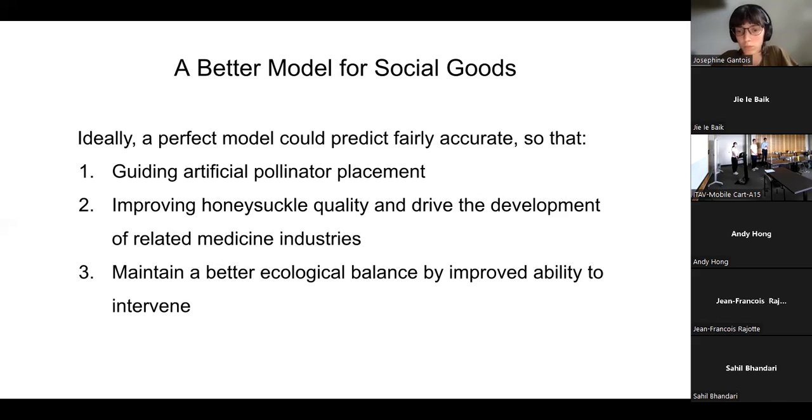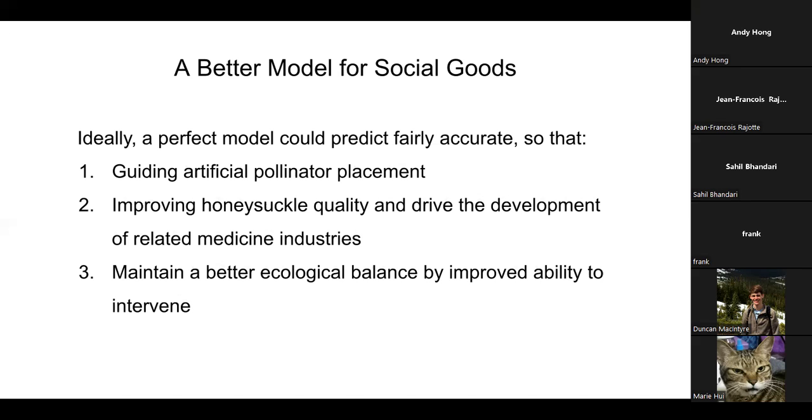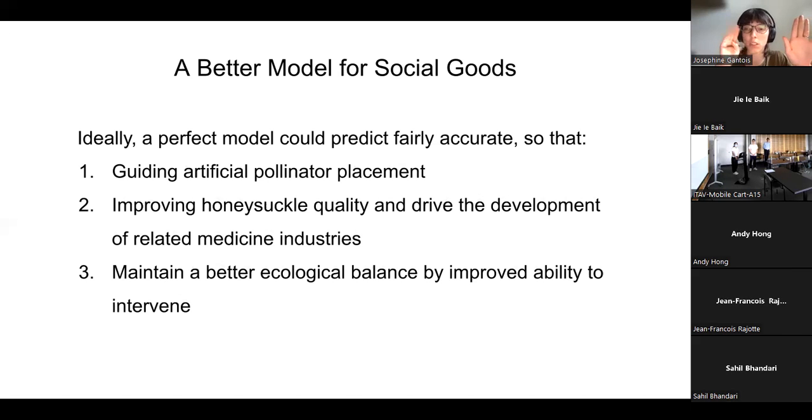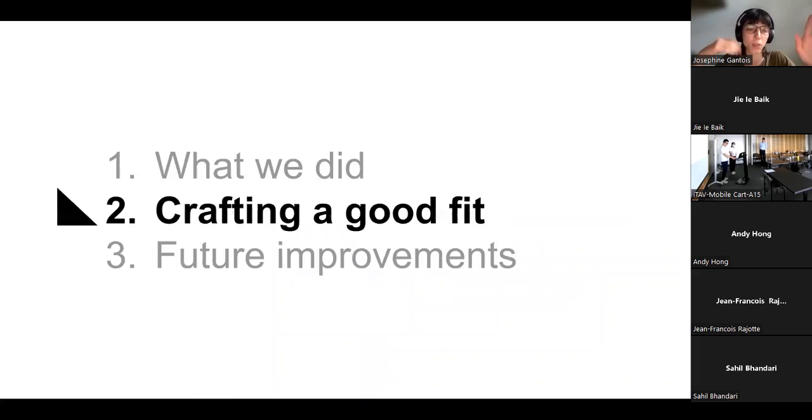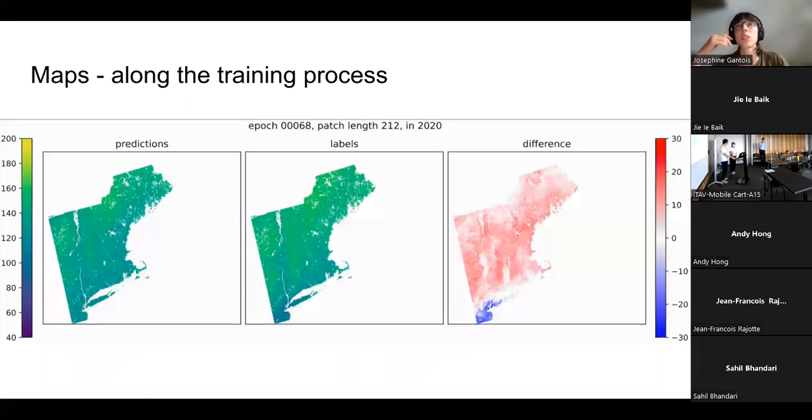All right, now Josephine has a question. Over to you. Yeah. So I was trying to come back to when you showed the different maps, with your predictions for a certain year, the labels for that year, and the difference. We saw several years, and it seems that you ran into one of the same issues that I had run into, which is that the prediction looks very similar across the different years.